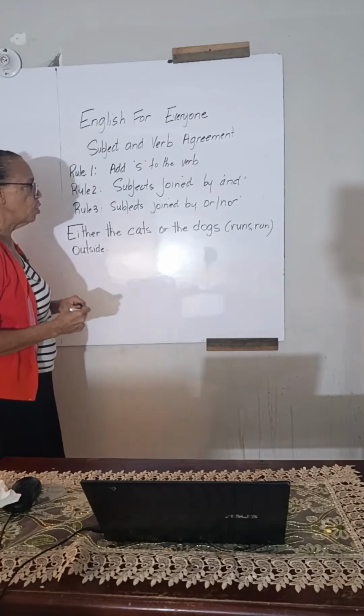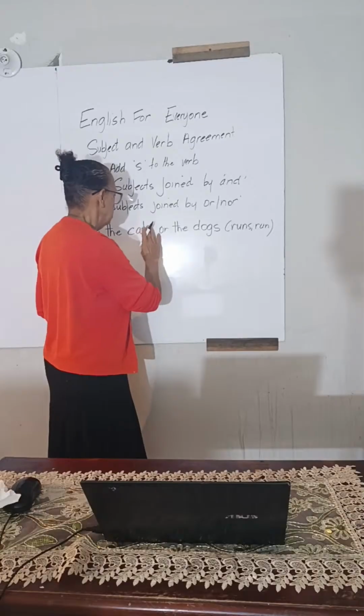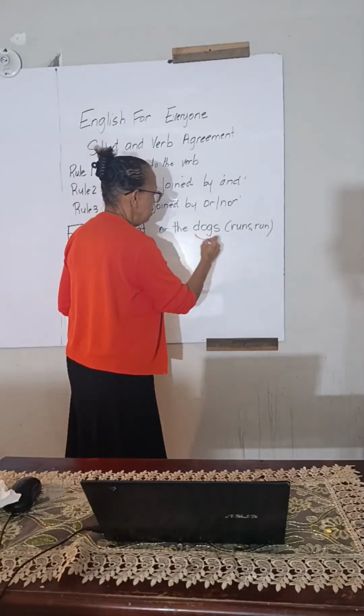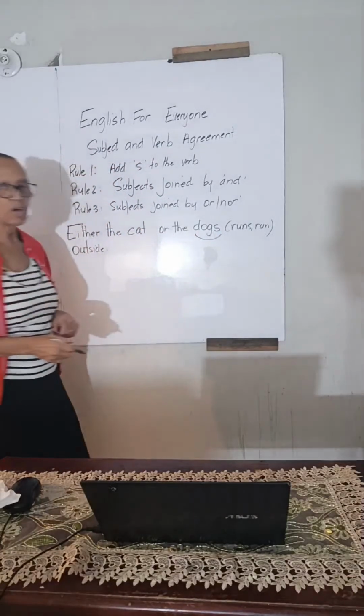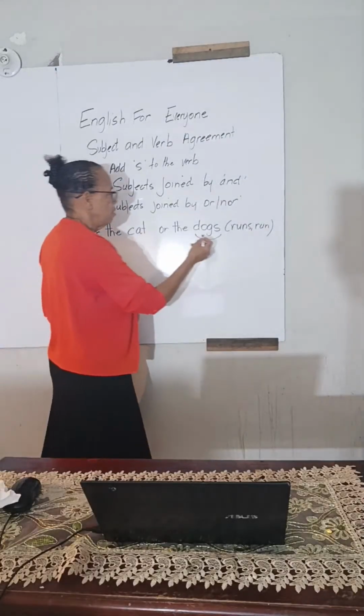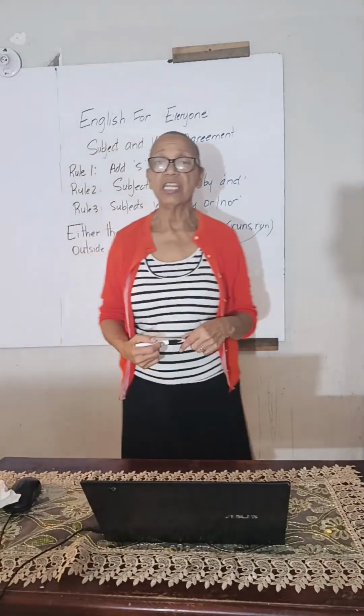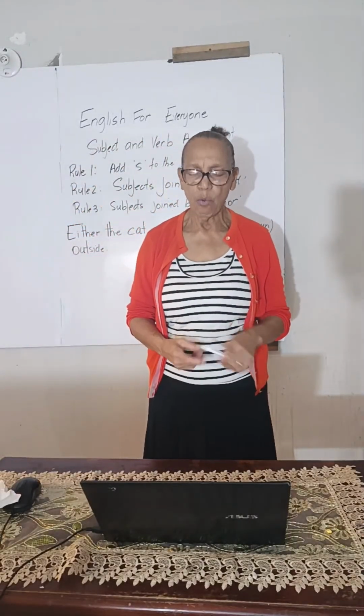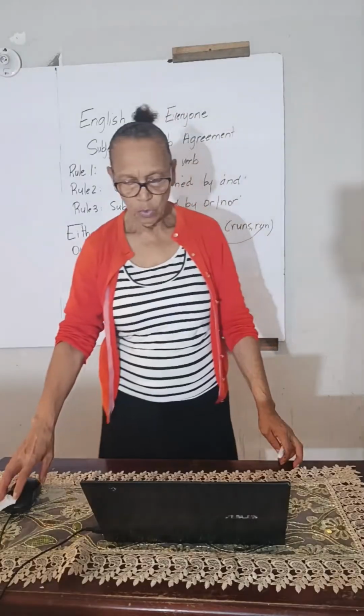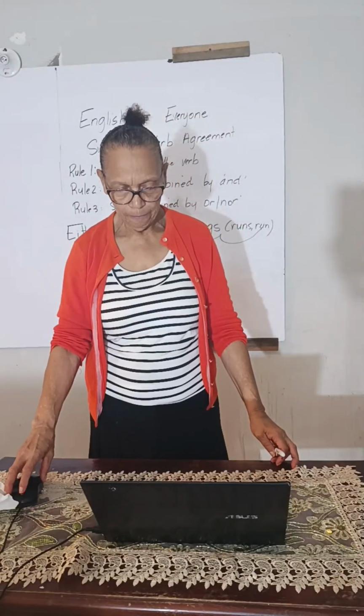Dogs has an S and it's near to the verb, so we choose run. So the one that is nearer to the verb, choose that one. So we're going to go to rule 4 now.